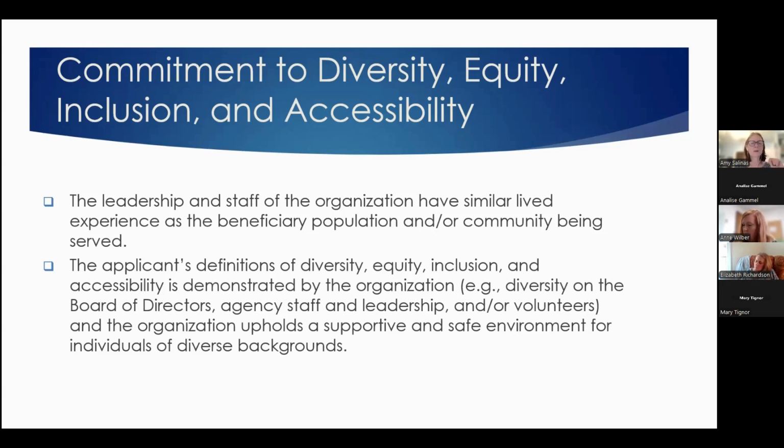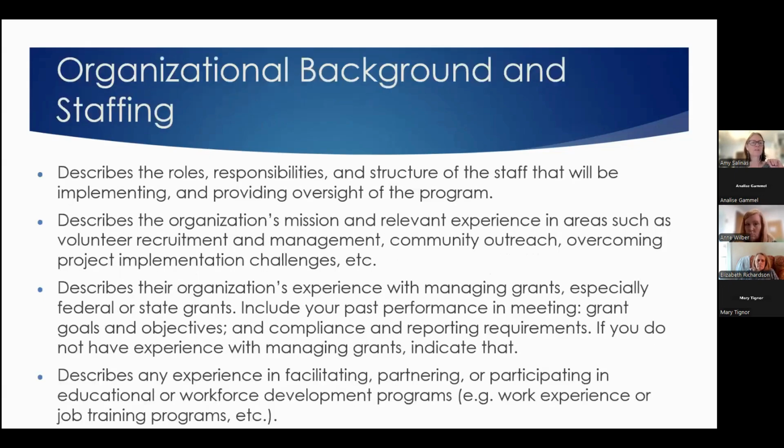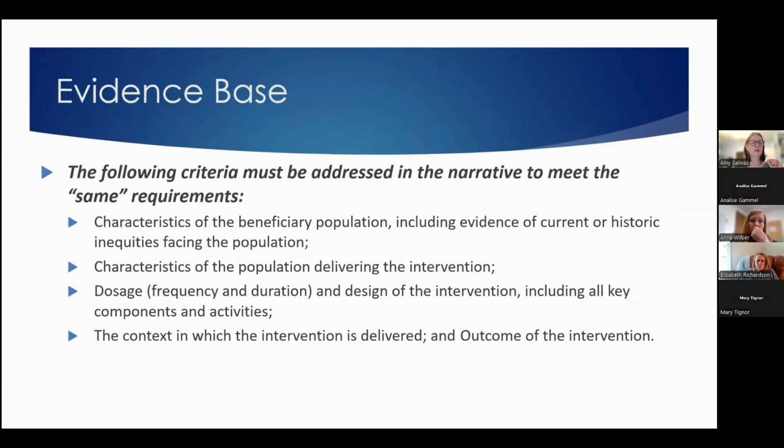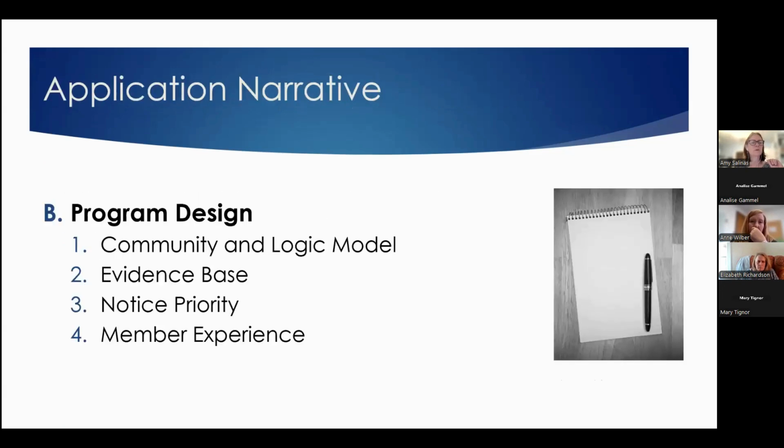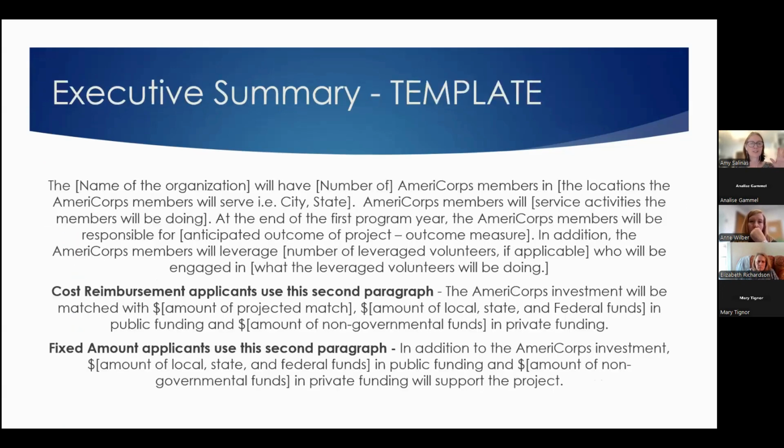I'm going to go back real quick to talk about something I didn't point out, which I always like to do because it throws people off. In the simplest section, I talked about the executive summary. There's one sentence that people are always like, what's this? The last sentence in the first paragraph is: AmeriCorps members will leverage a number of volunteers who will be engaged in what they'll be doing.